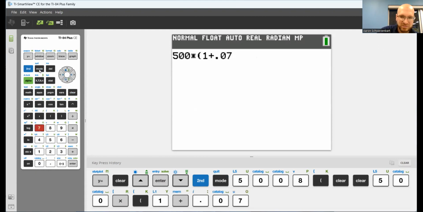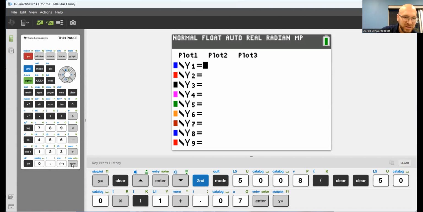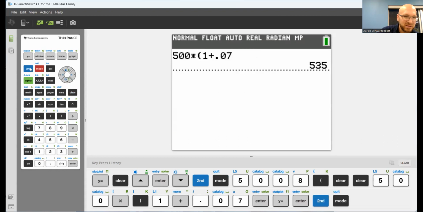Sometimes I'll just enter 1.07, just do that addition. Oops, I didn't mean to hit enter, but I'm going to hit second enter. That'll bring me back to my equation.